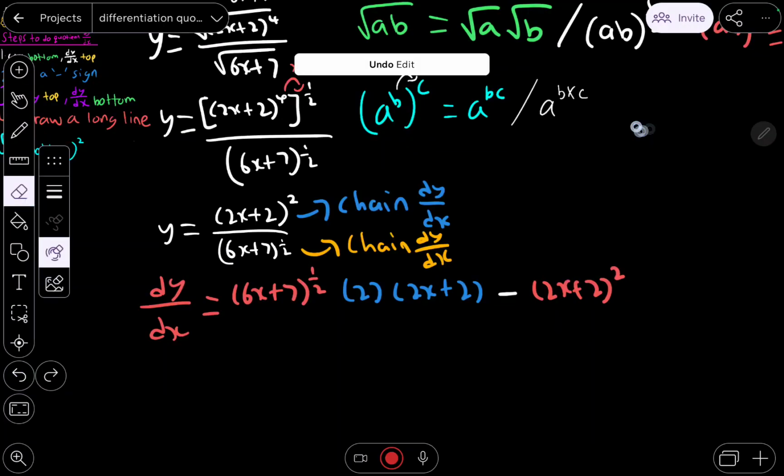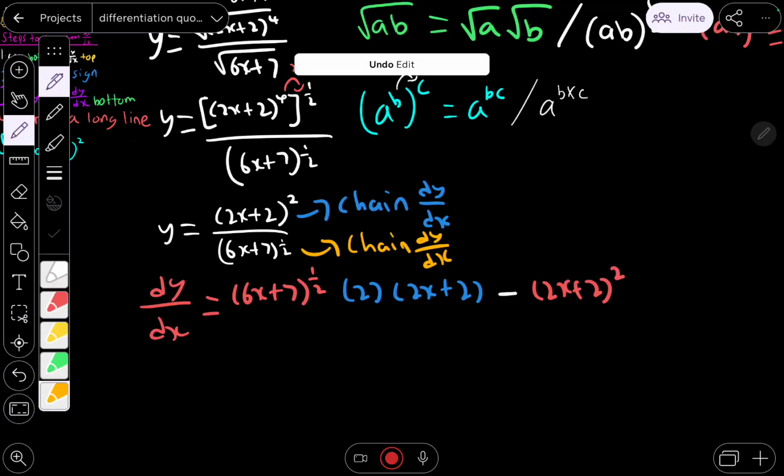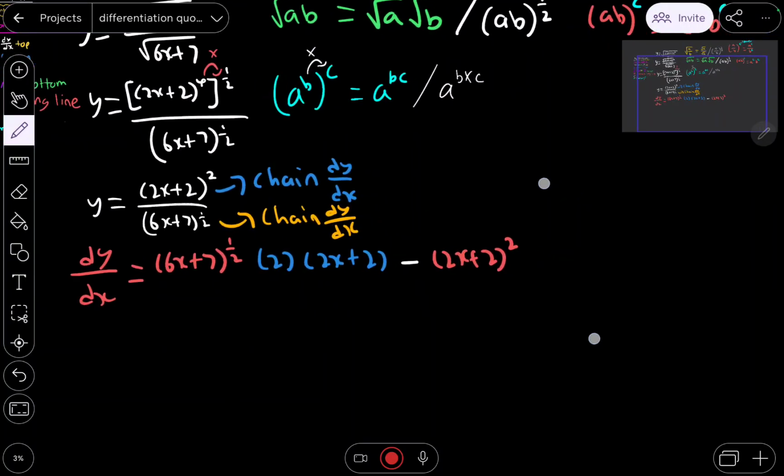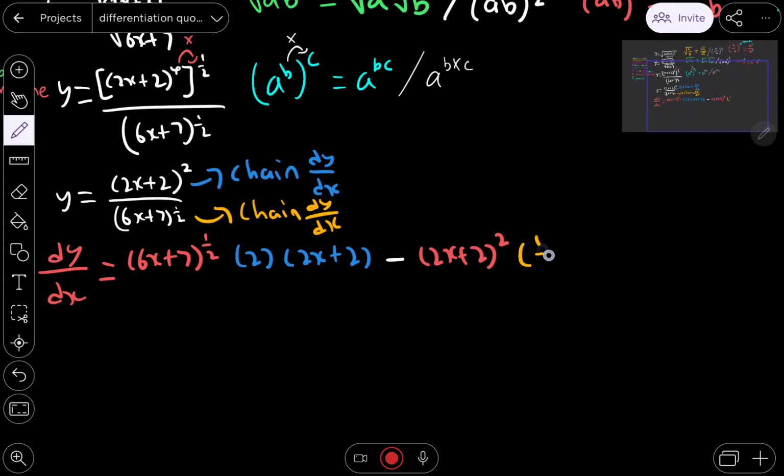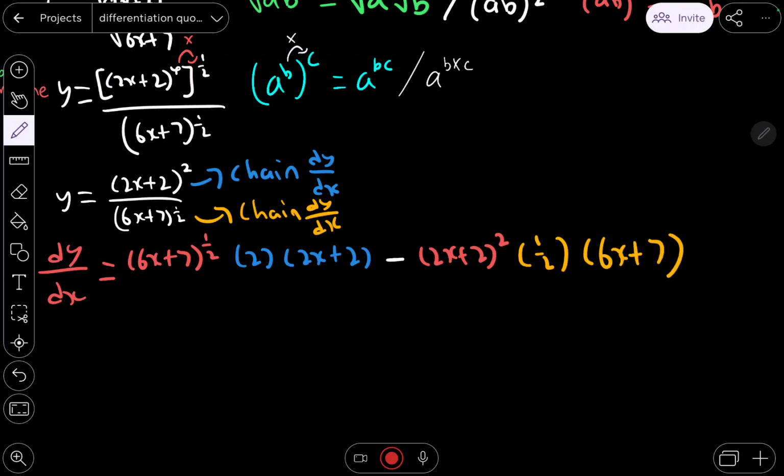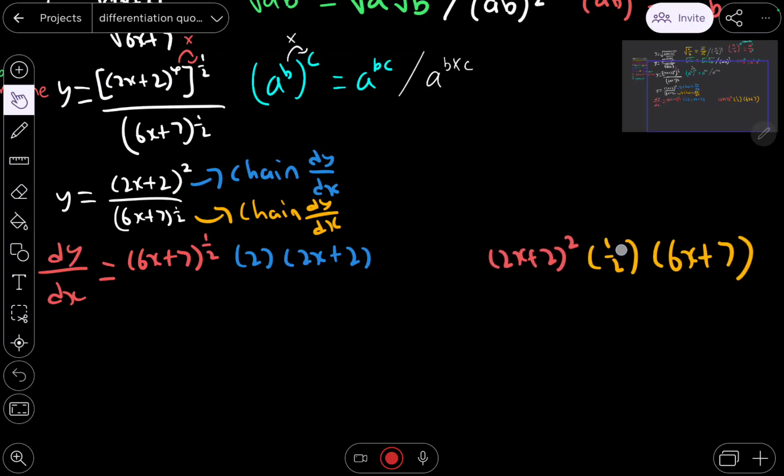Okay, so what we will do is bring our power number down. So it will be a half bracket 6x plus 7. Wait, I forgot to do something. I forgot to differentiate the inside bracket. Give me a moment, I will get it fixed right here.